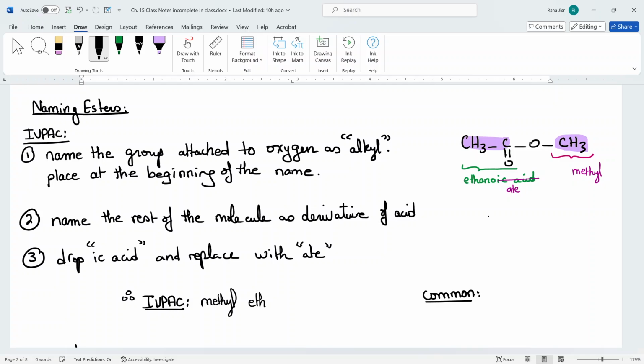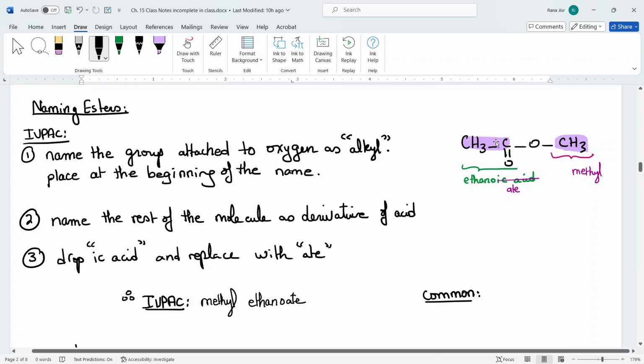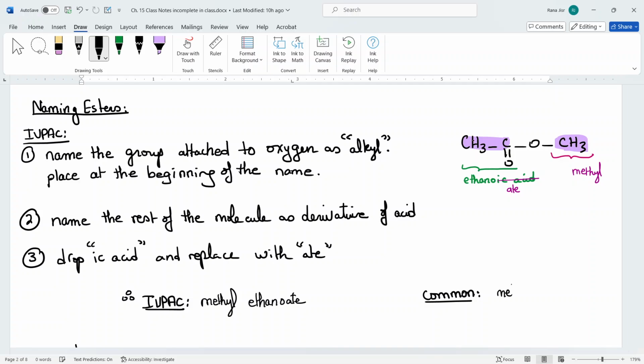Common name. For this one, if I want to name it as a common, then that is going to be acetic acid. So I'm going to drop the ic acid and put an ATE. So the name is going to be methyl acetate. You are responsible to know those.